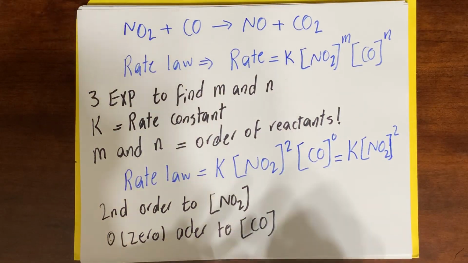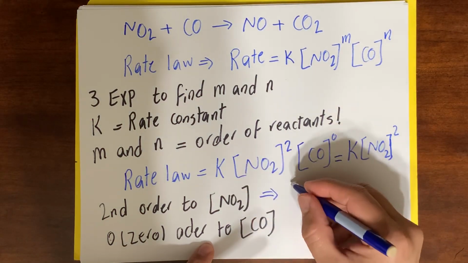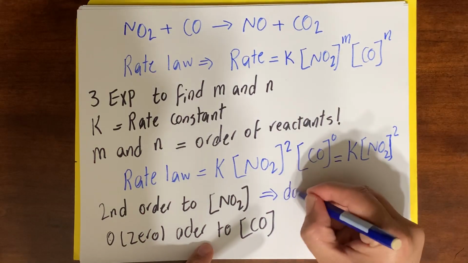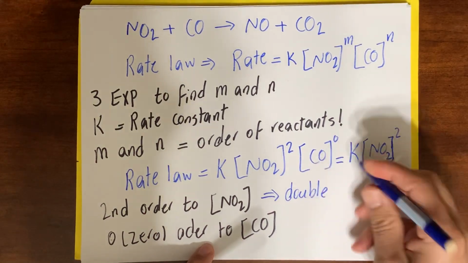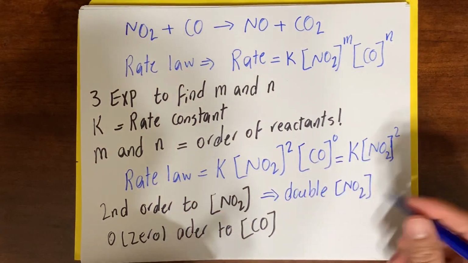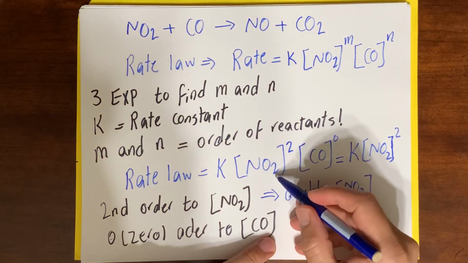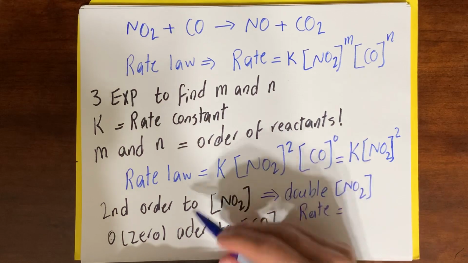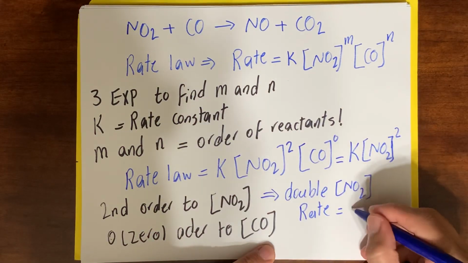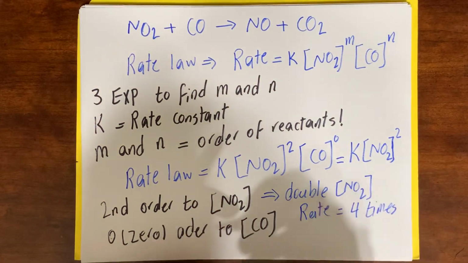What does it mean? It means that if you double NO2, if you make NO2 more concentrated, the rate will be 4 times faster, 2 to the second is 4.